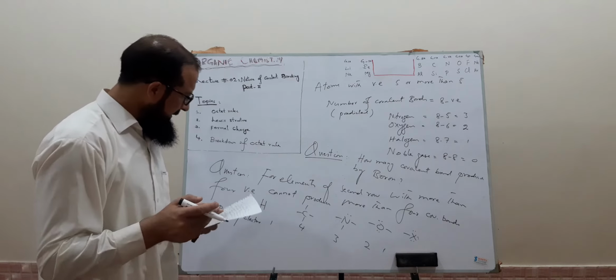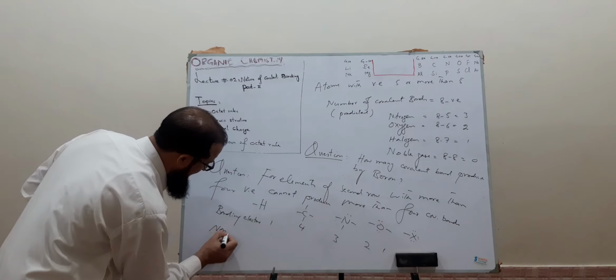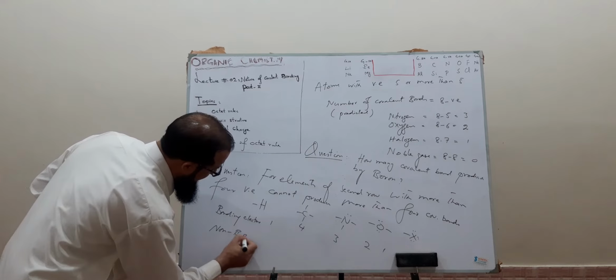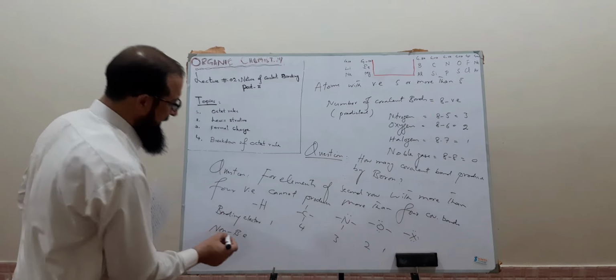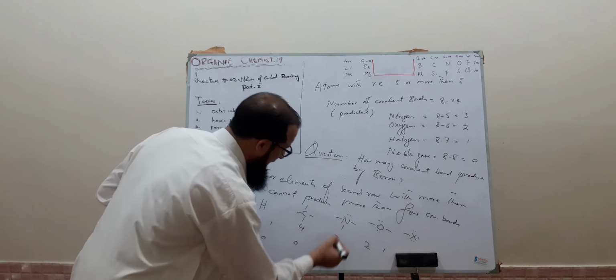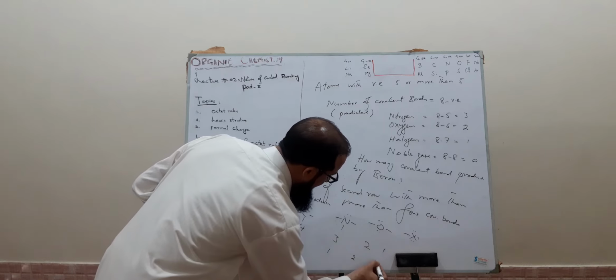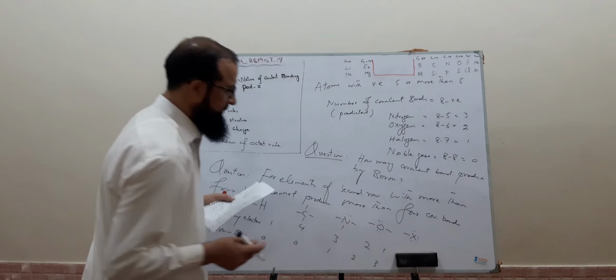But there are some other electrons which we call non-bonding electrons. For hydrogen there are 0, for carbon there are 0, for nitrogen we have 1, for oxygen we have 2, and for the halogens we have 3.